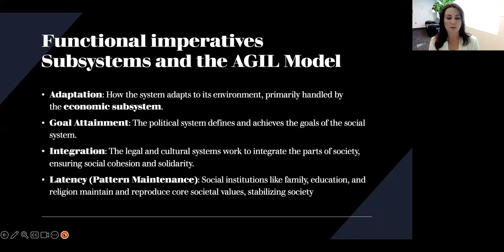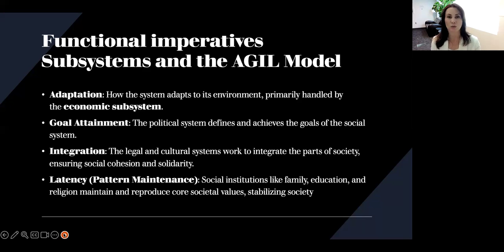So if we are feeling somehow divided, integration is all these legal systems, cultural systems, whatever way we want to make society work, so the parts of society can integrate toward goal attainment.